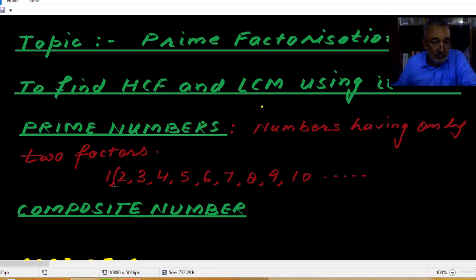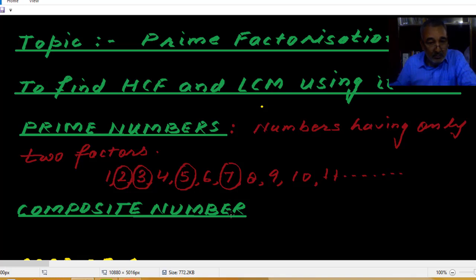So 2 has exactly two factors, 1 and 2. 3 has exactly two factors, 1 and 3. 5 has exactly two factors, 1 and 5. 7, and then one more, 11 here. If the number can be divided only by 1 and the number itself, you can say these numbers are prime numbers.